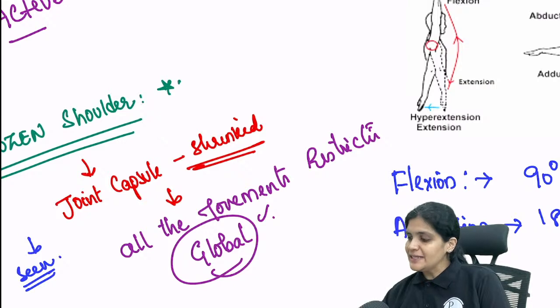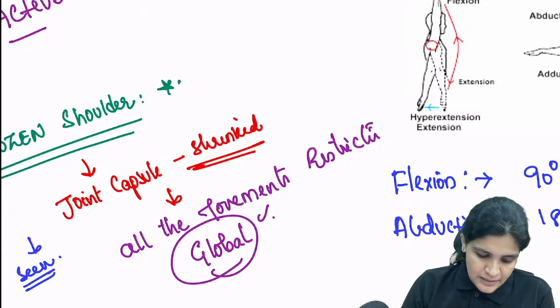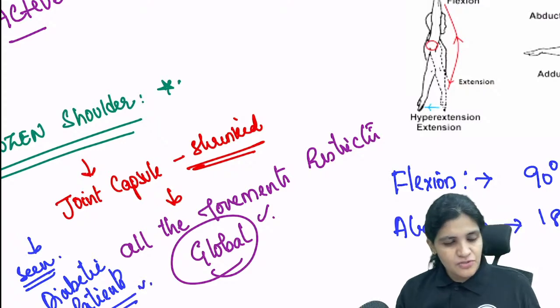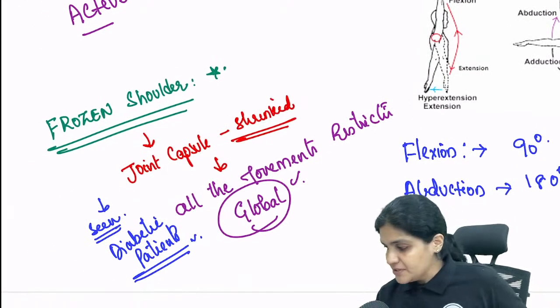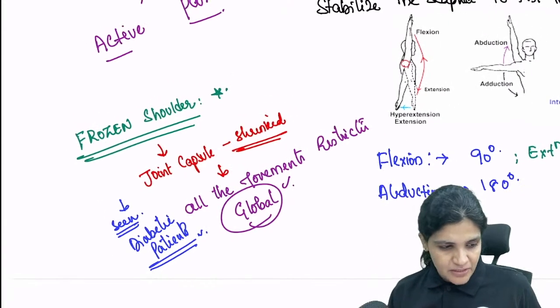It is usually seen in diabetics, right? Diabetic patients. So frozen shoulder is usually seen in diabetic patients. It is one of the conditions where the patient will have restricted movements, right?